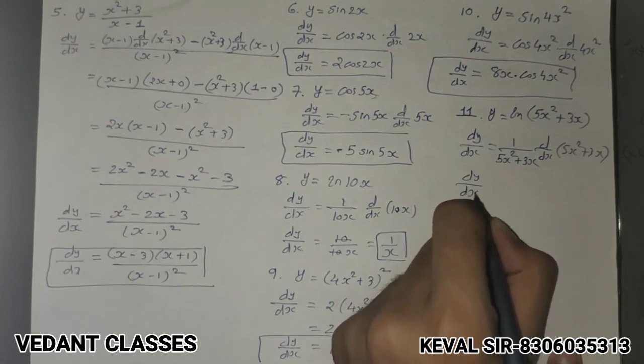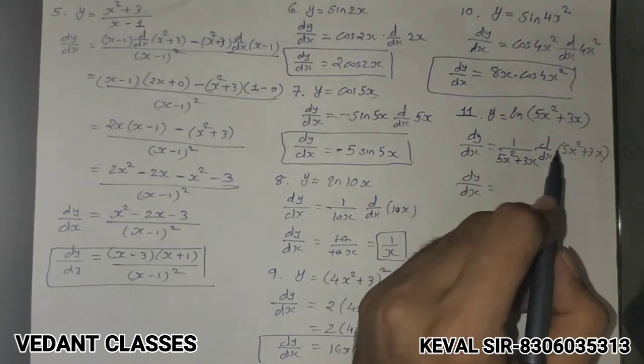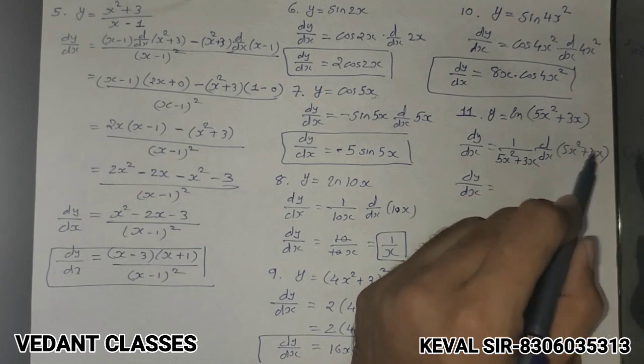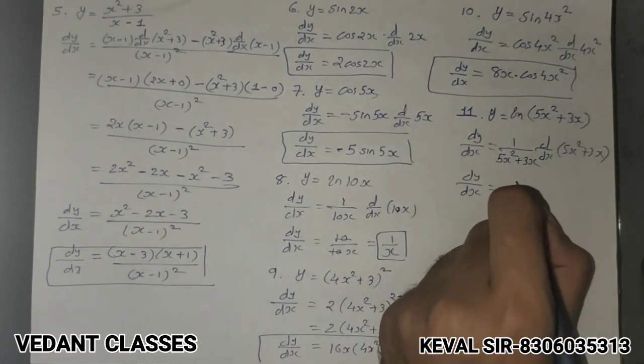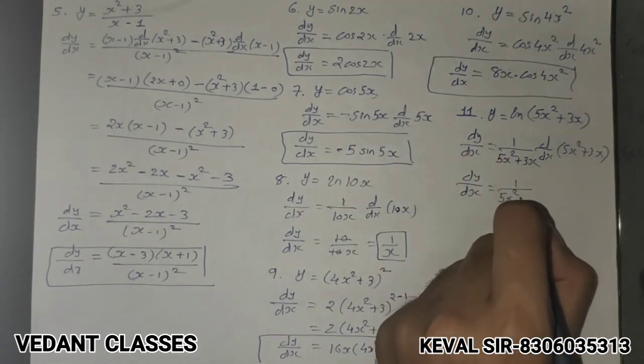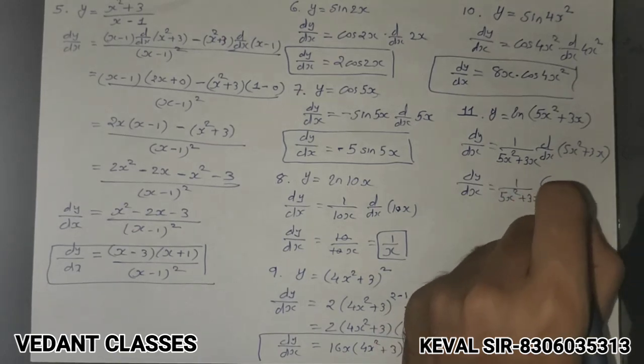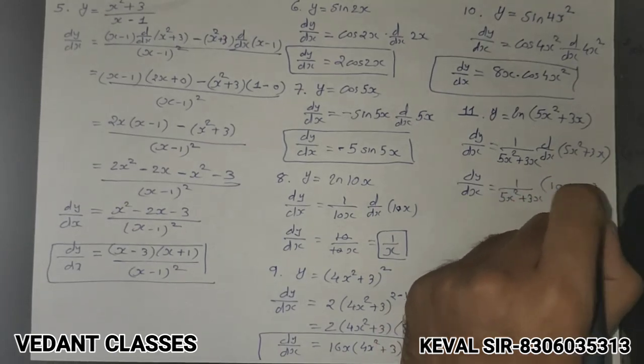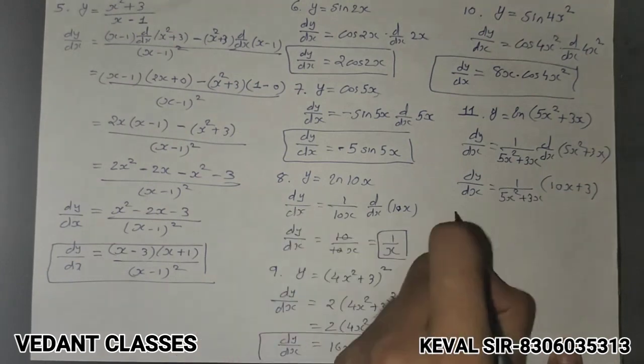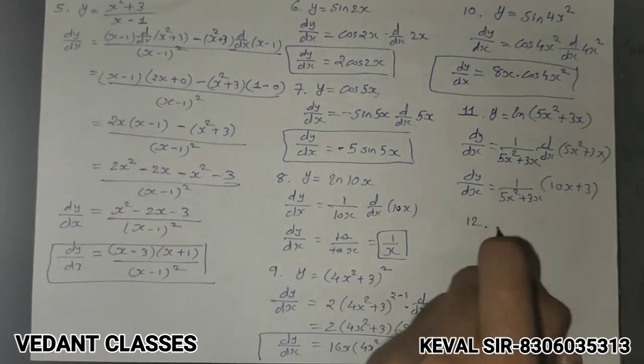So the derivative of this will be 10x, and for this it will be 3. So it will be 1 upon 5x square plus 3x, and for this it will be 10x plus 3.